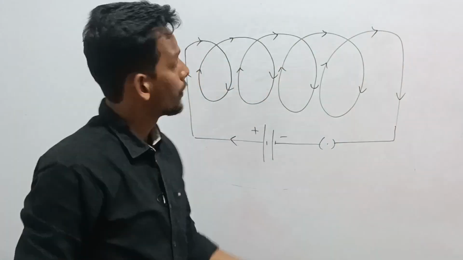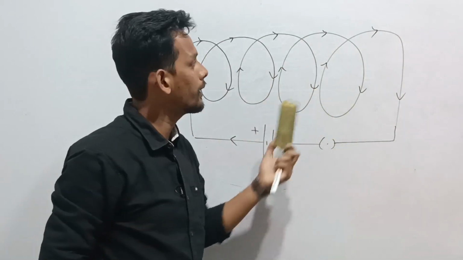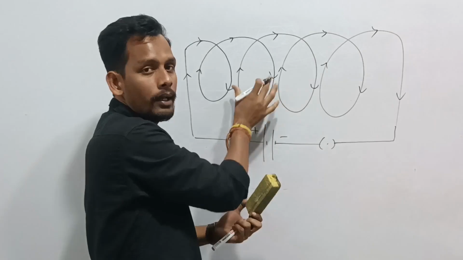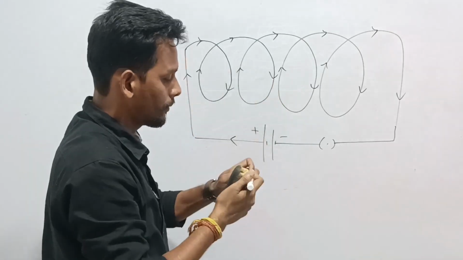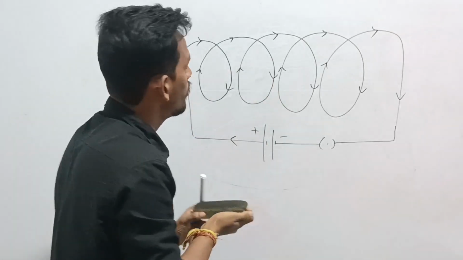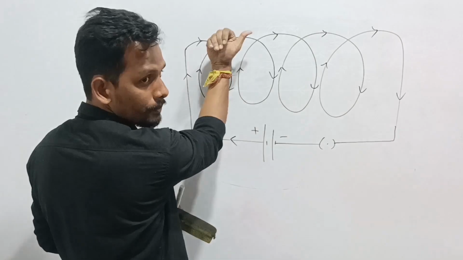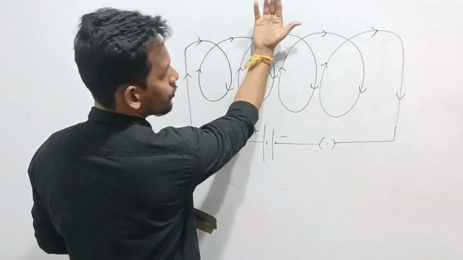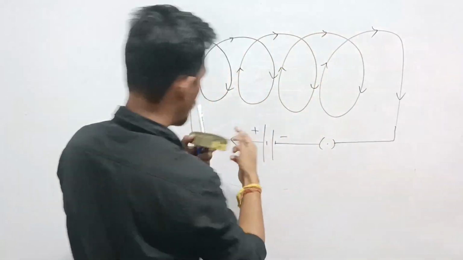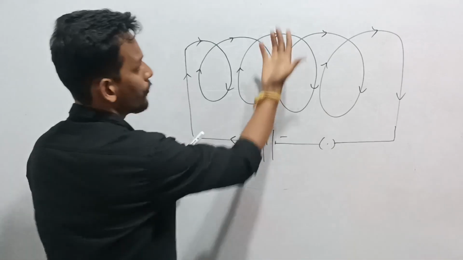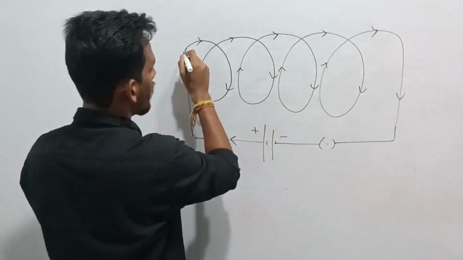Okay. Now by using the same rule, Maxwell's right-hand thumb rule, see what will be the direction of the magnetic field in case of a solenoid. First, it is the right-hand thumb rule. So hold the conductor here. Then it will behave like this. It means that here also these are the direction. So if you draw the magnetic field lines, the direction is like this.